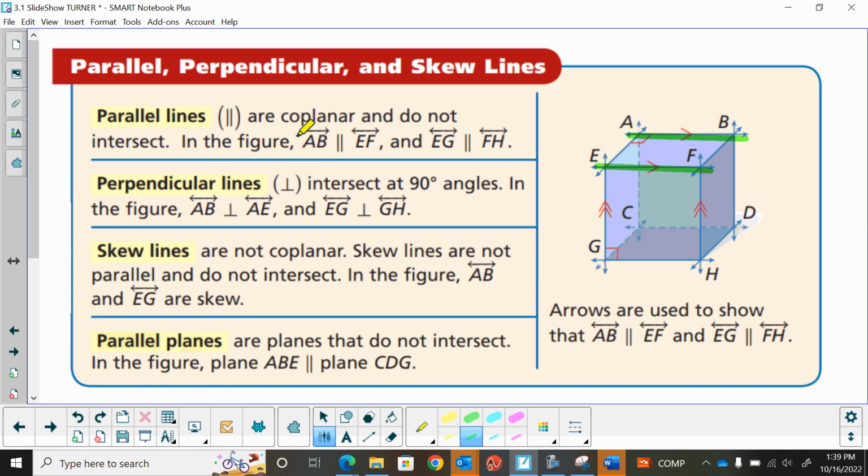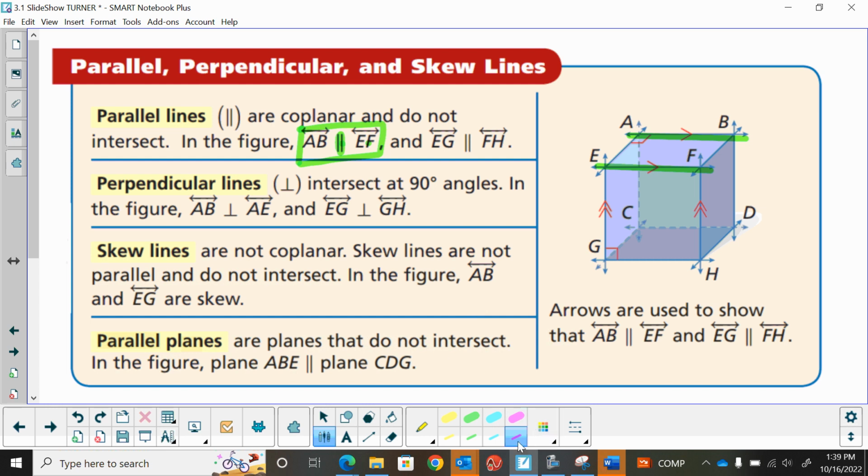How we name that is written in your definition there. So line AB is parallel to line EF. Notice this symbol here in the middle for parallel. It's just 2 parallel lines, kind of looks like the number 11. And if you remember, we name lines by 2 points and the line symbol above it. So that's one example of parallel lines.